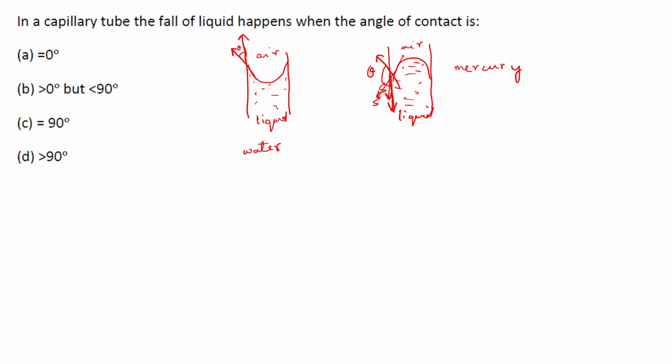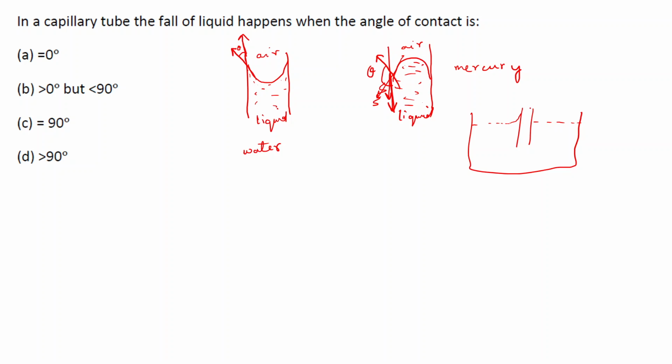So the question is, in a capillary tube, the fall of liquid happens when the angle of contact is.